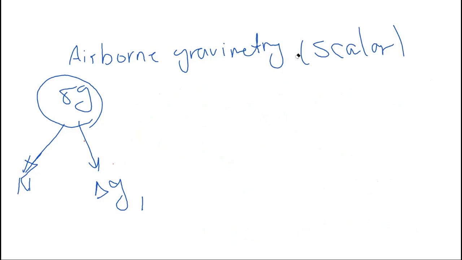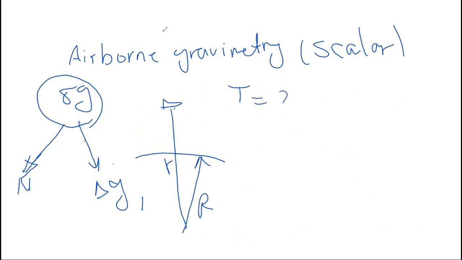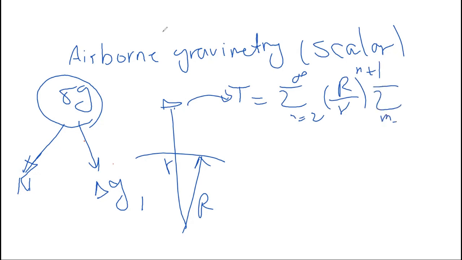Think that this is the Earth's sphere with the radius R, and we have an aircraft here flying at the geocentric distance r. The disturbing potential at this airborne level can be written like that. We already have that equation for the potential, the sum of T_nm Y_nm.